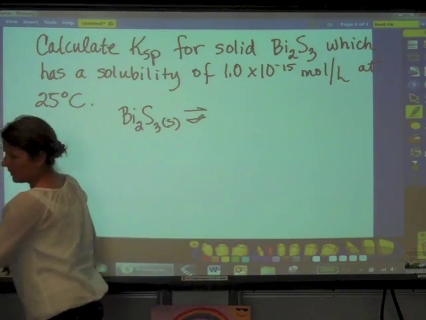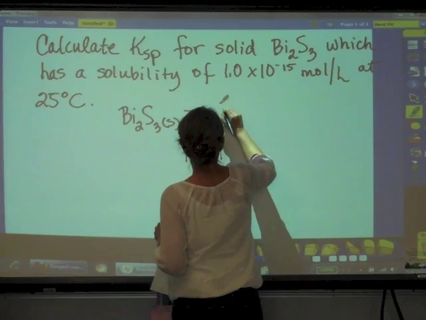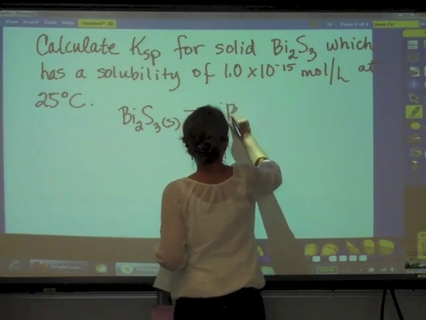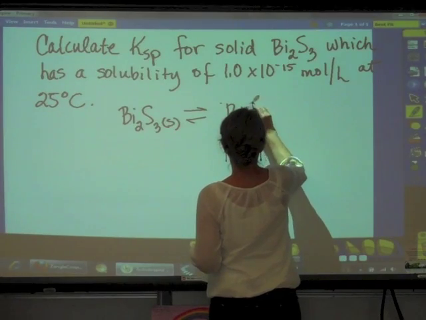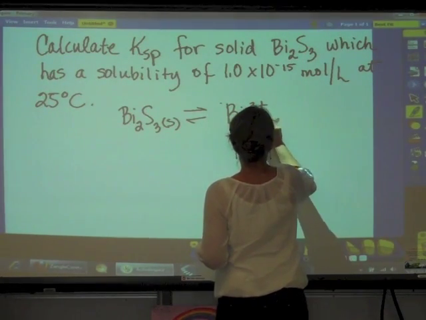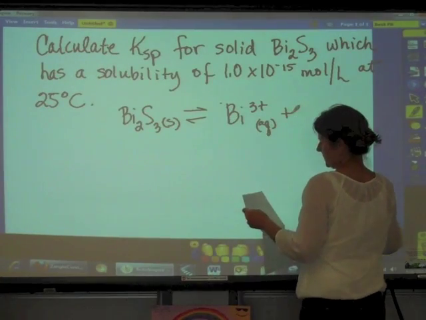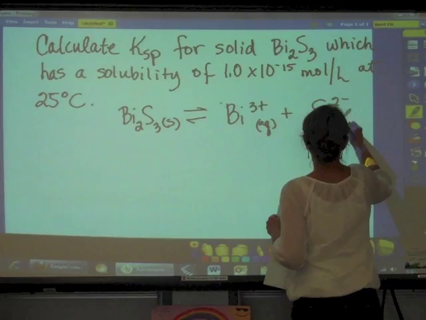And it is going to bismuth 3 plus, sorry, and that's going to be aqueous, and sulfide, which is aqueous.